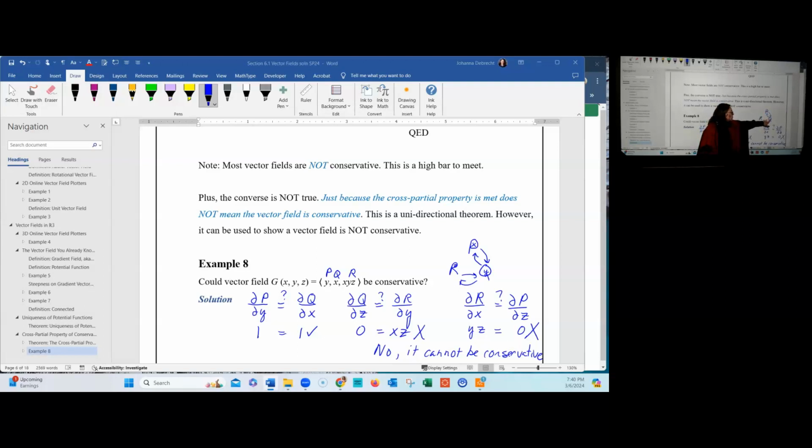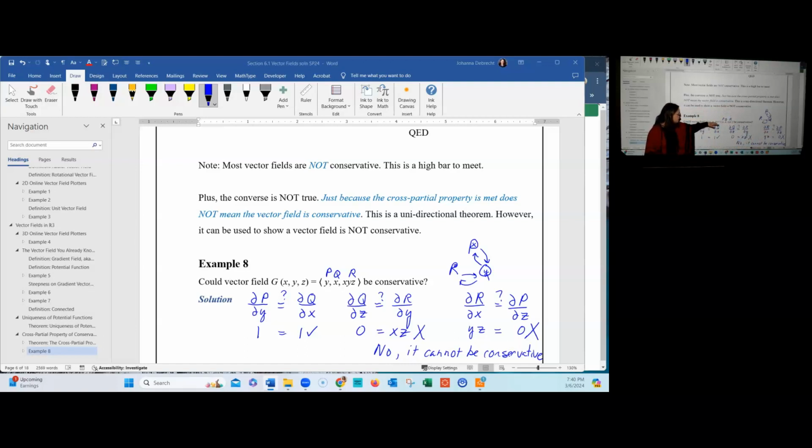The mixed partials can be found by going in both directions. The partial of p with respect to q's variable, which is y, is that equal to the partial of q with respect to p's variable x?